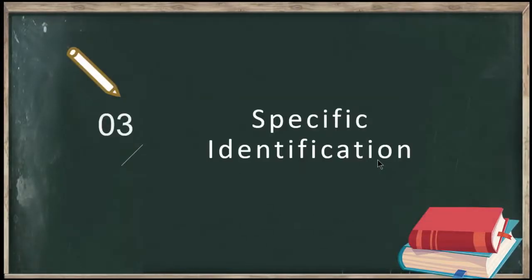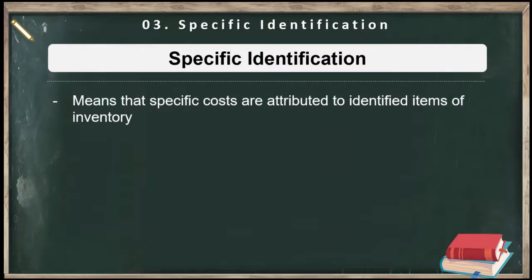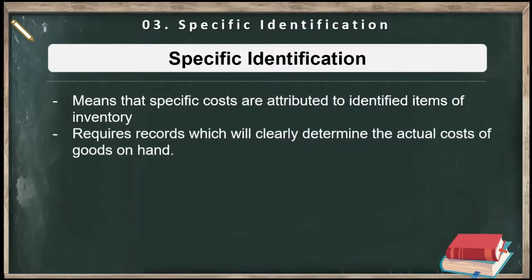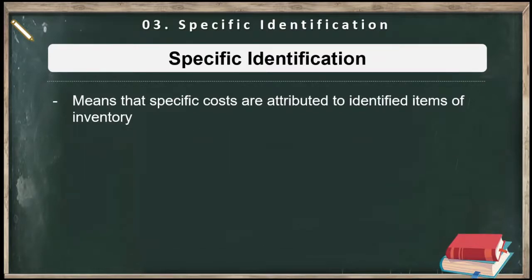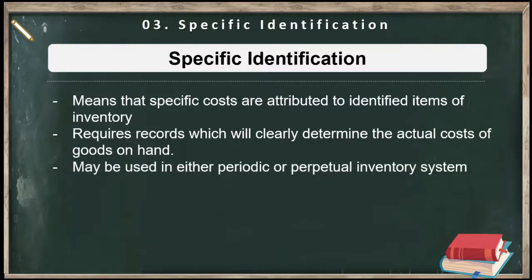Then we have the specific identification. Specific identification means that specific costs are attributed to identified items of inventory. The cost of inventory is determined by simply multiplying the units on hand by their actual costs. This requires records which will clearly determine the actual costs of goods on hand.